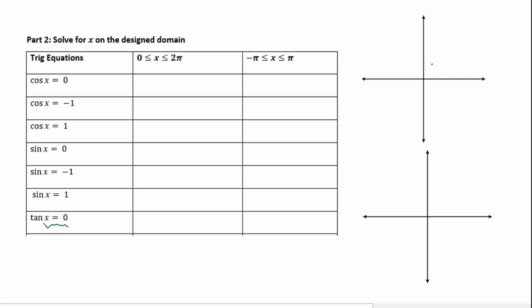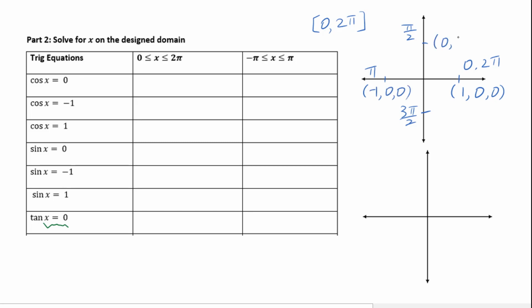We will draw the first diagram from 0 to 2 pi: 0, pi over 2, pi, 3 pi over 2, and 2 pi. So the coordinates will be 1, 0, 0. This is negative 1, 0, 0. This is 0, 1, undefined. 0, negative 1, undefined. The coordinate is CST.